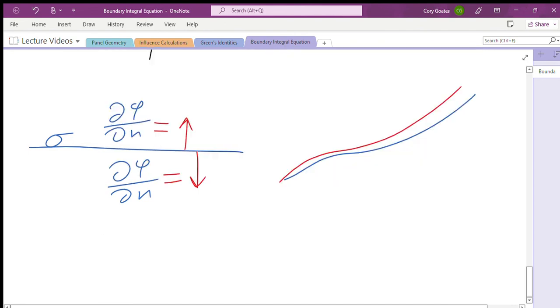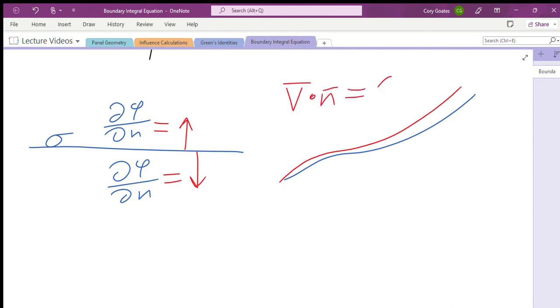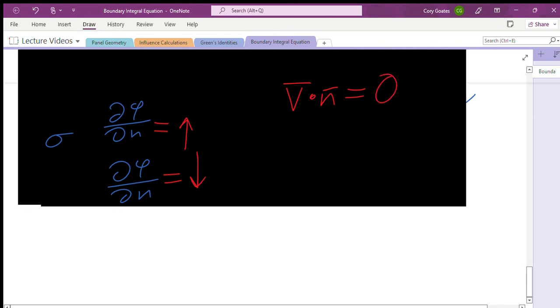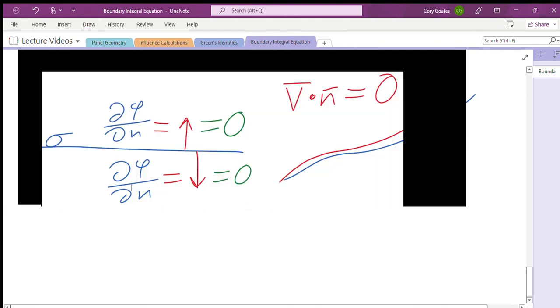And so anywhere on the wake, the velocity is tangent to the wake. And so we have the condition that v dotted with the normal vector of the wake is identically 0. And so if v dotted with n on the wake is 0, well, v dot n is just this partial phi partial n. And that's true on both sides. So we have identically that both of these equal 0. See how that works?